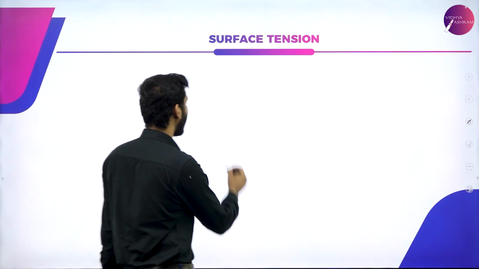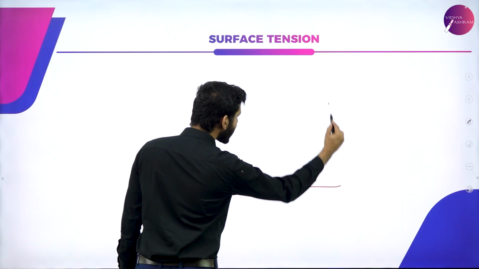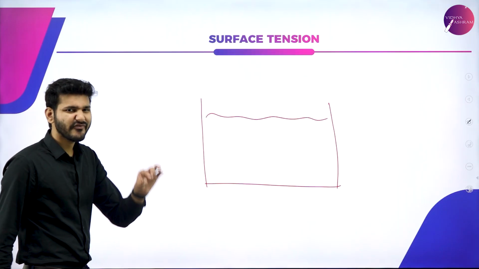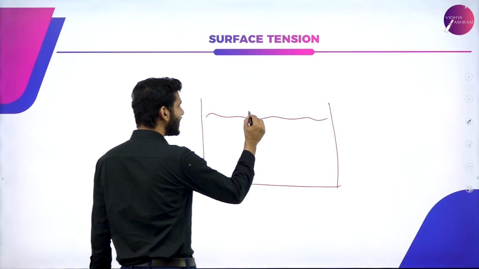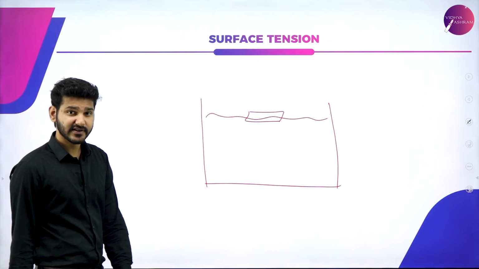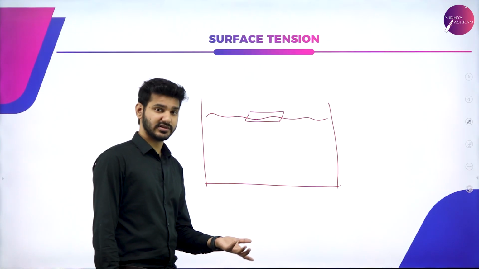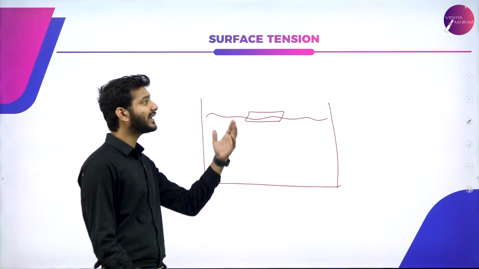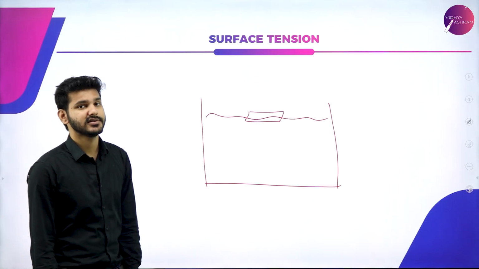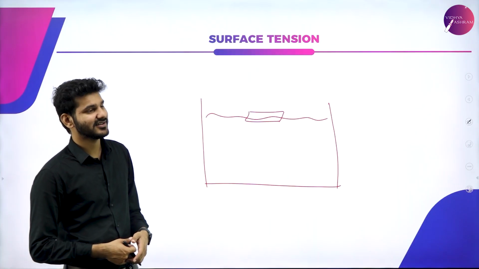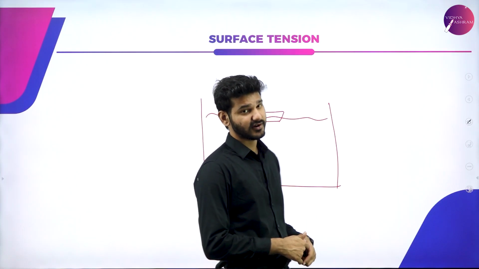If you have a beaker of water and you drop very carefully a steel blade or iron blade on top of this surface, then it actually floats. You can see water sticking onto it and it floats. Or if you drop a leaf, it also floats. The leaf is less dense than the water. There are other phenomena.